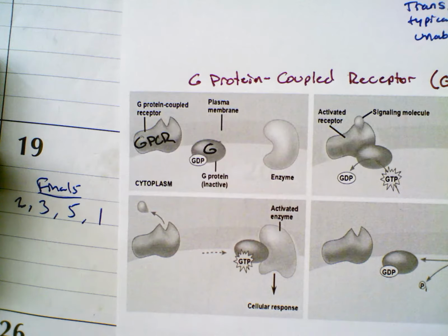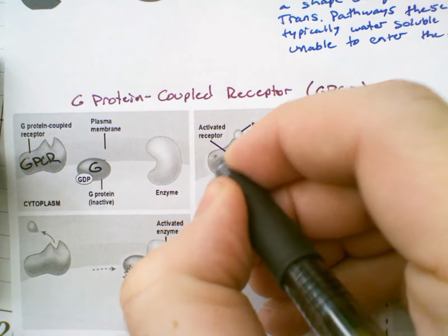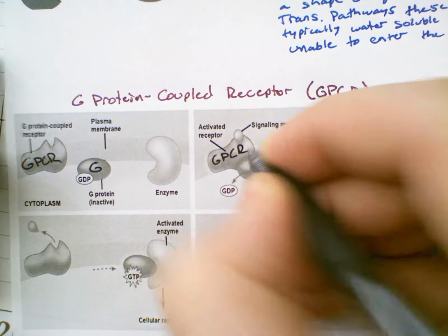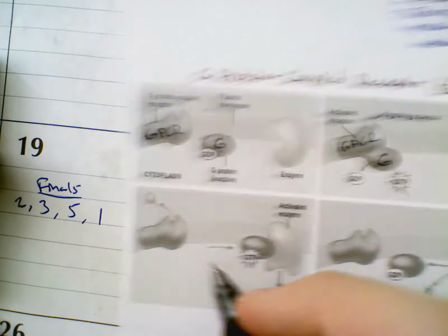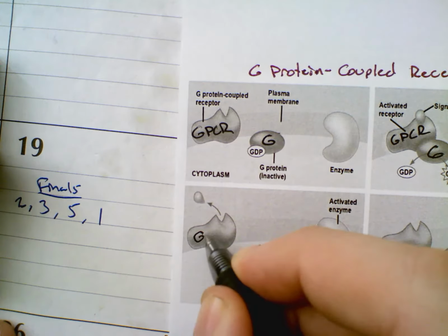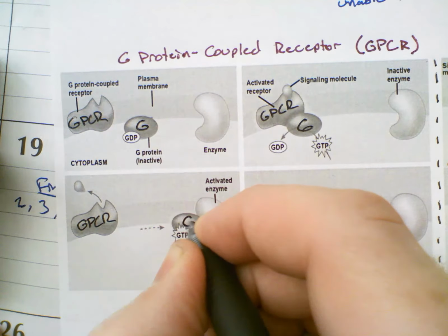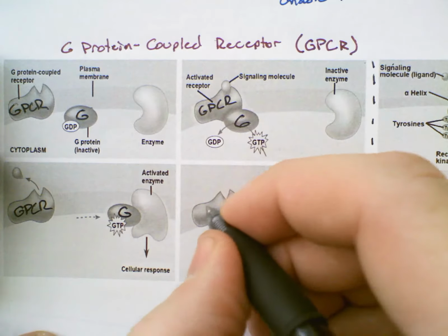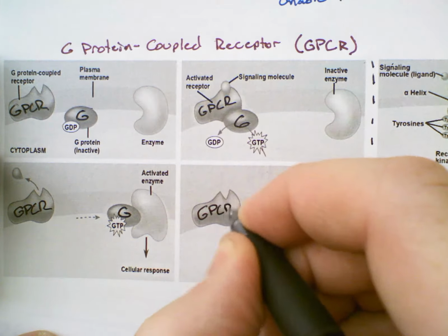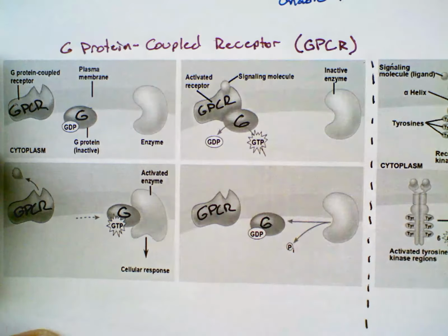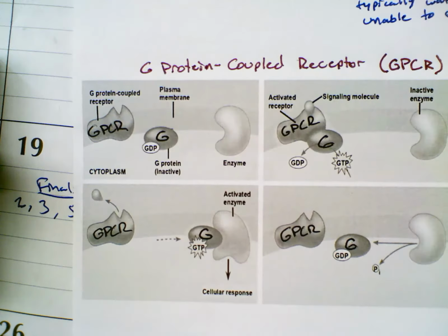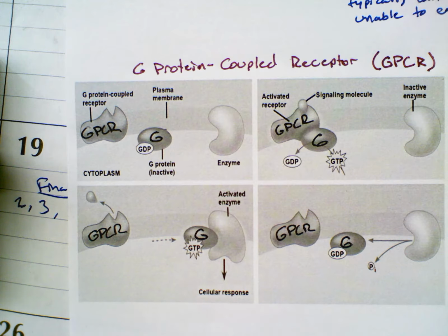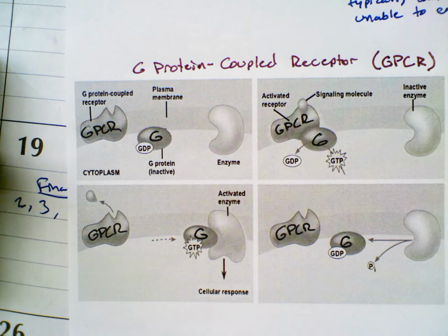So that's the G. So just go ahead and label that in each of these, just so that we keep these square. So they're going to be working closely together.